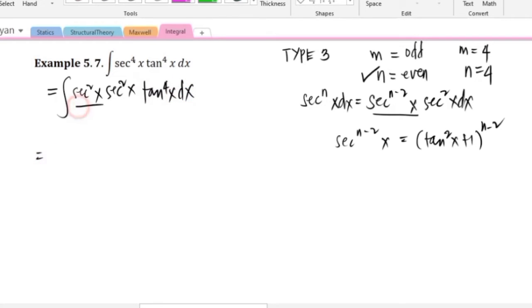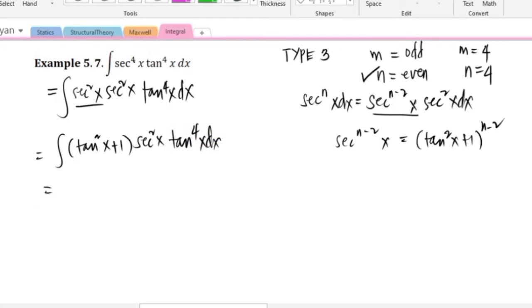Then we will express this in terms of tangent. So we would have tangent square x plus 1 secant square x tangent to the fourth x dx.